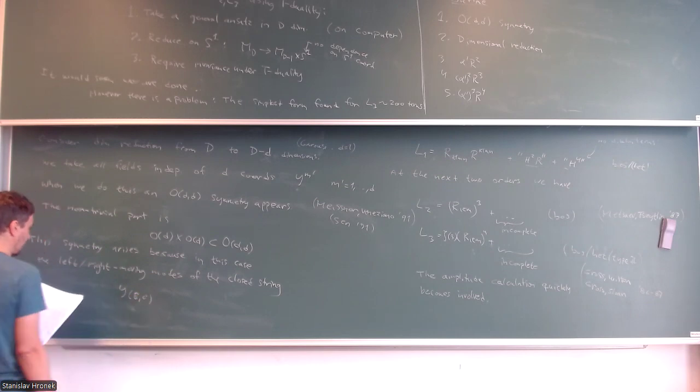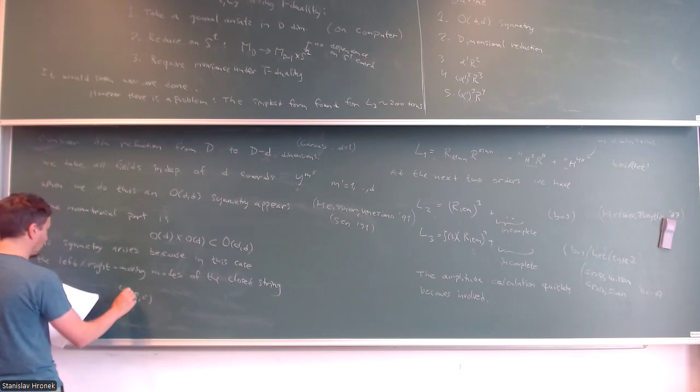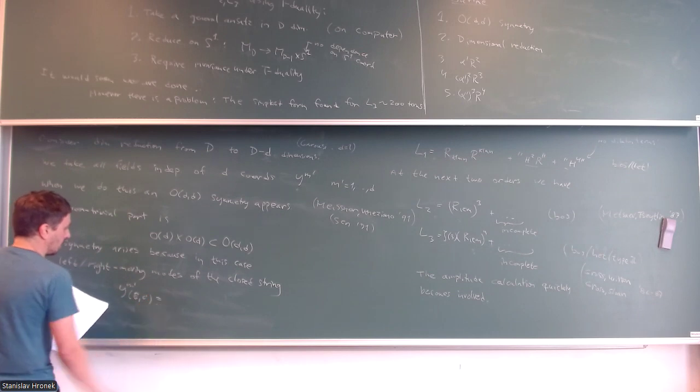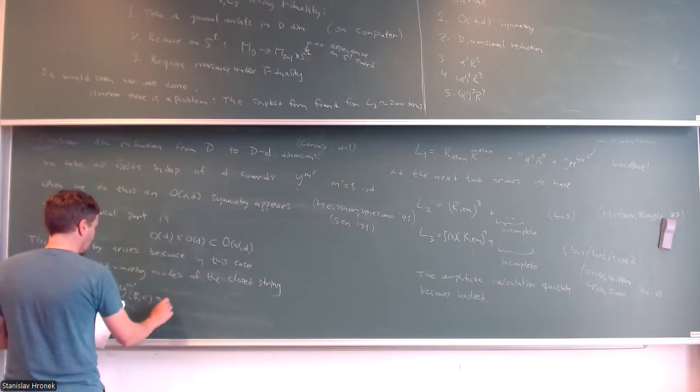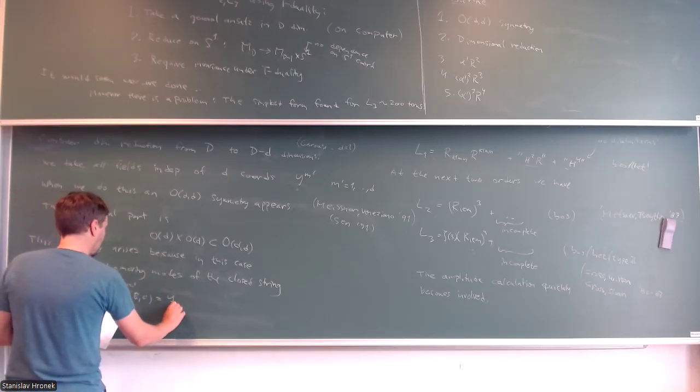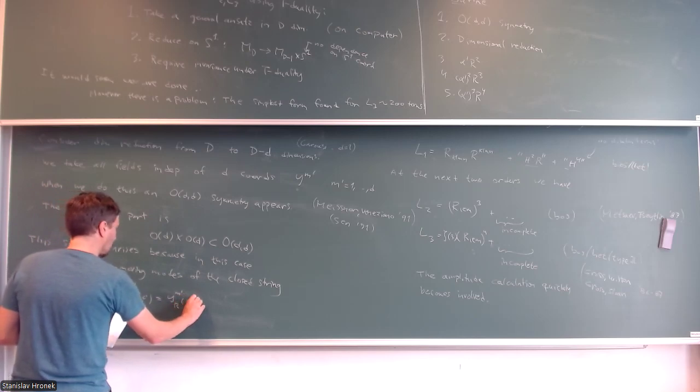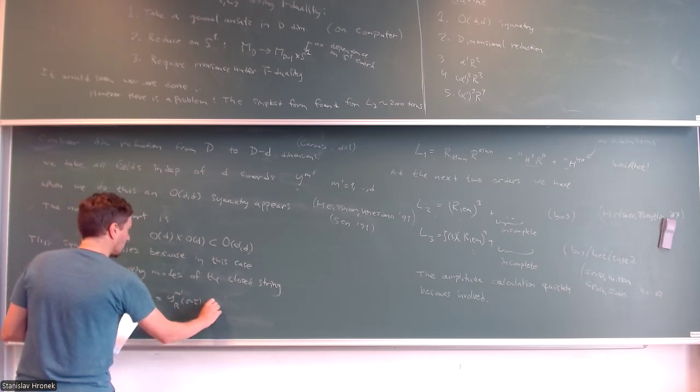In general, we can expand the coordinates. The coordinate solves a wave equation. Looking at these internal coordinates, we solve the wave equation on the string, and the general solution is given by the right moving piece and the left moving piece.